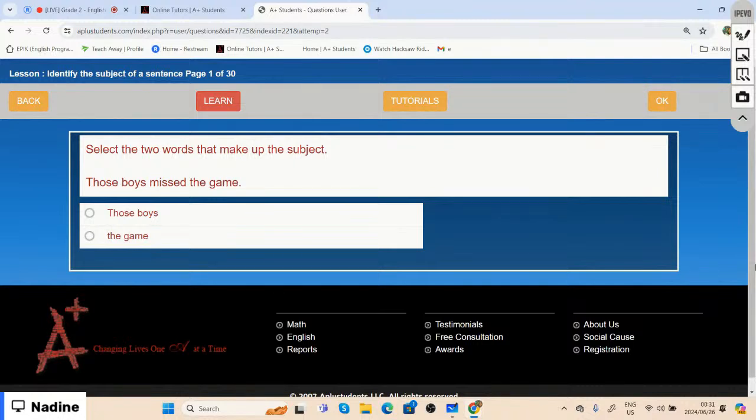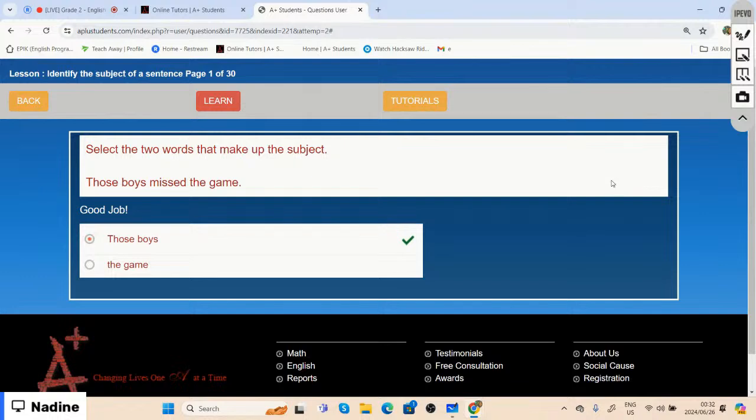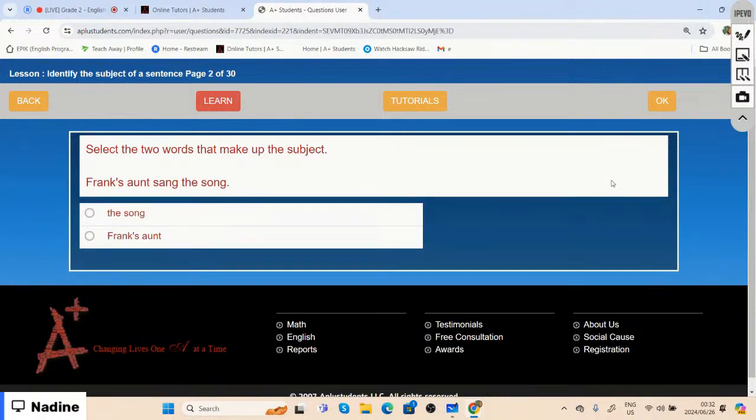All right, and if we were to identify our subject within that sentence, then yes, it would be those boys. And those boys are correct. So well done. Option one is correct.